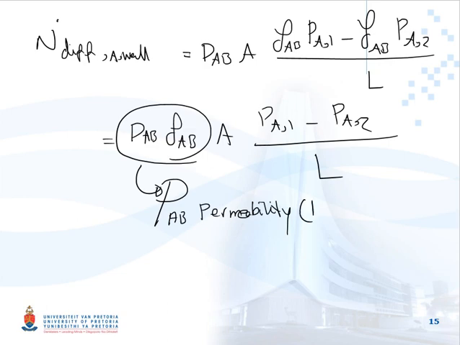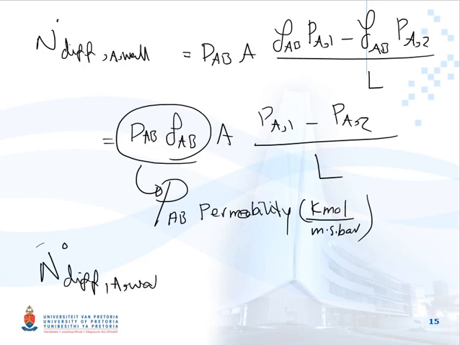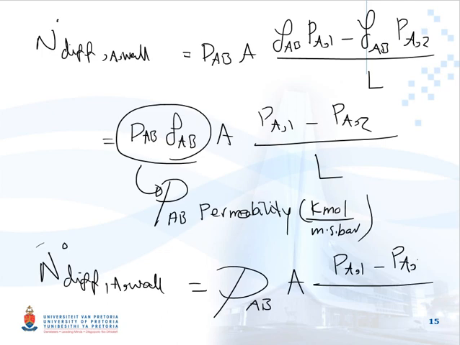Its unit is kilomole per meter second bar. So N dot diffusion A vol is basically equal to permeability P_AB A (P_A1 minus P_A2) divided by L. So P_A1 and P_A2 are the partial pressure of the gas A on the two sides of the wall.